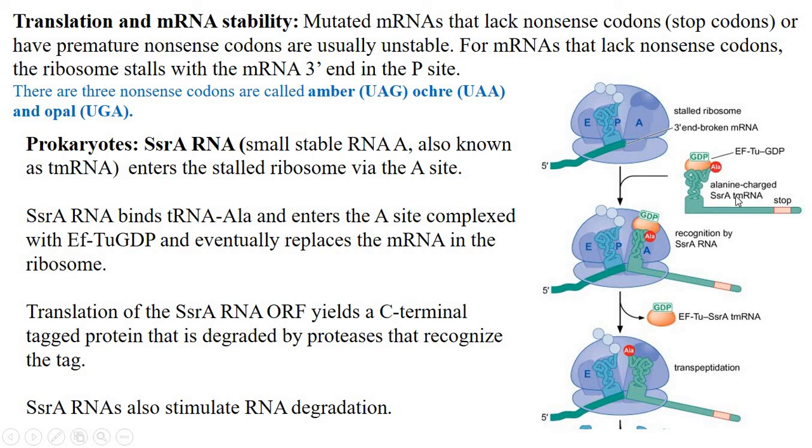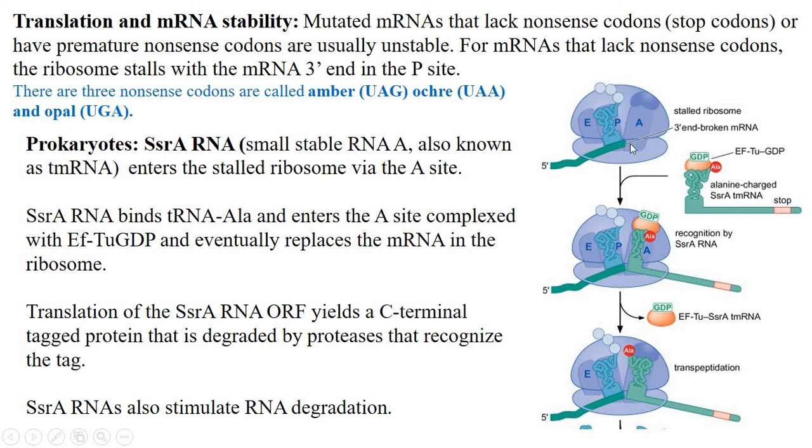This tmRNA has tRNA bound to alanine here with the EF-Tu GDP. So this SsrA tRNA binds alanine and enters the A site complex, and because it's a tmRNA, it also has its own sequence and its own stop codon. So this will enter the sequence.